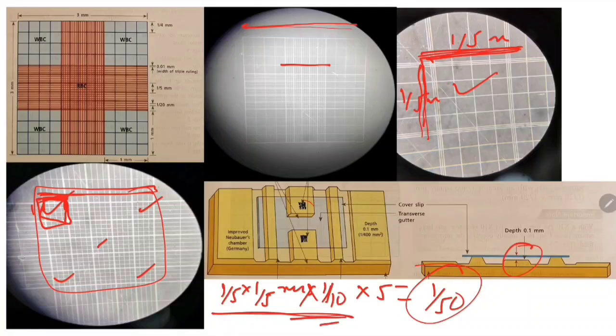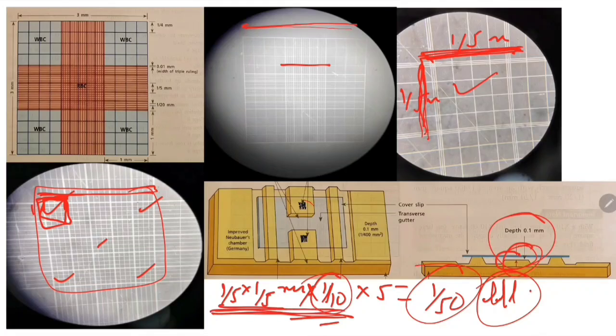After calculation we will get 1 by 50 microliter. Why? Length is 1 by 5 millimeter, breadth is 1 by 5 millimeter. So 1 by 5 into 1 by 5, and obviously for volume, height is 1 by 10 millimeter. So the gap is 1 by 10 millimeter, or we can say 0.1 millimeter. So we can consider 1 by 10.